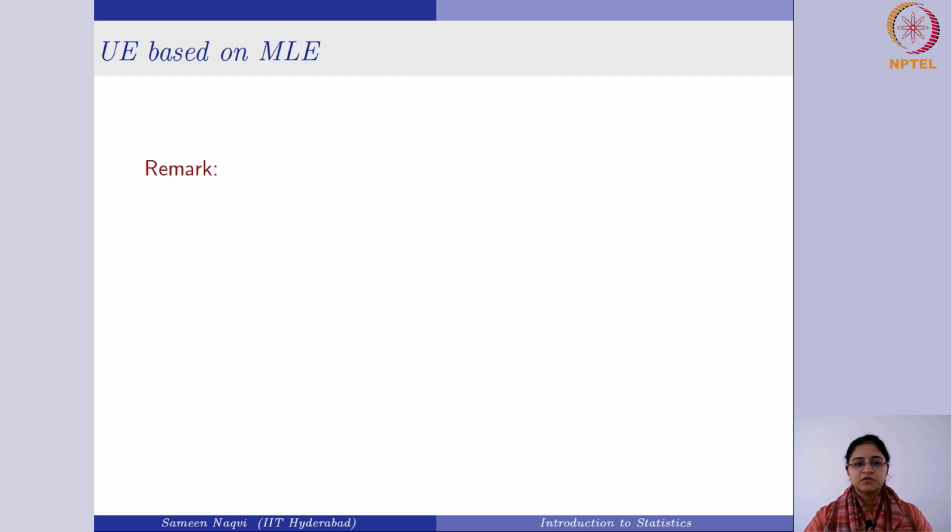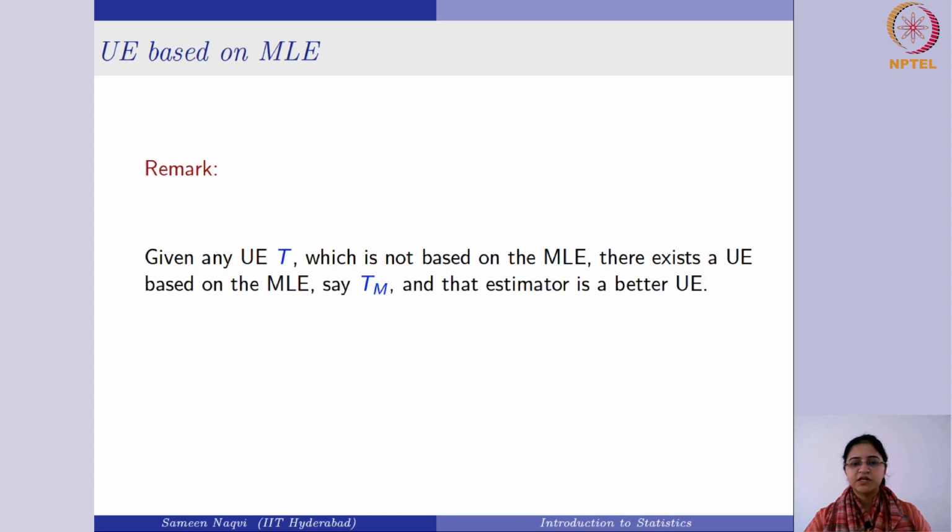Next, what we see is that there are many unbiased estimators. If you are given any unbiased estimator which is not based upon the MLE, then there would exist another unbiased estimator which is based on the MLE, and that would be a better unbiased estimator.